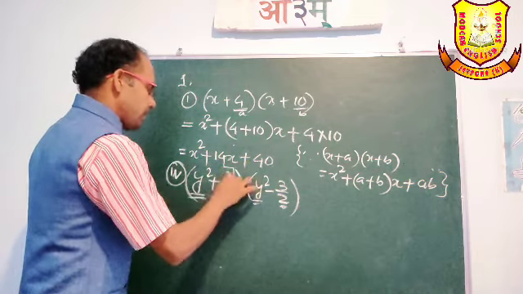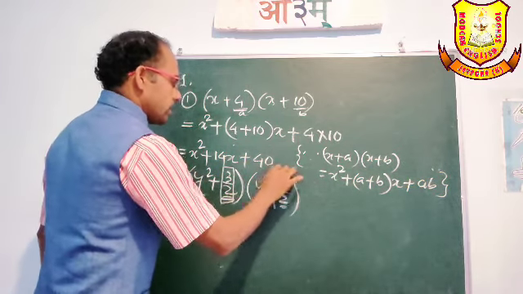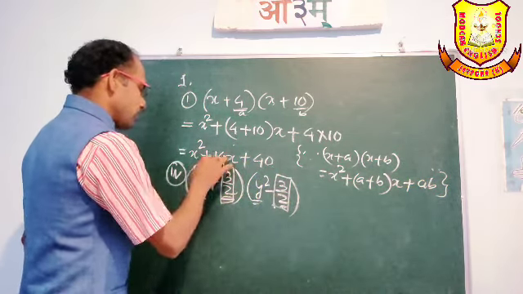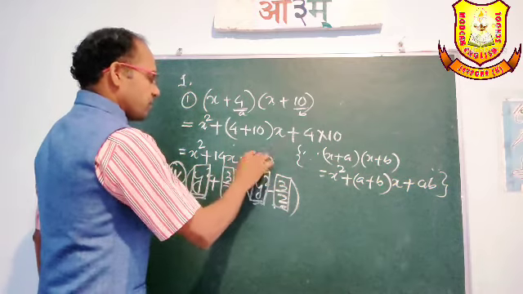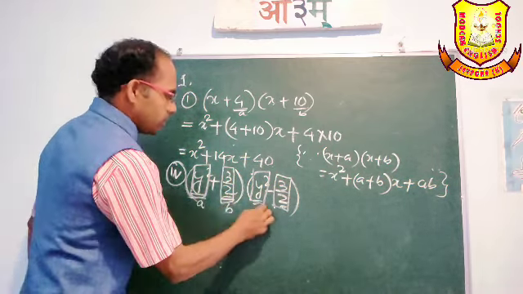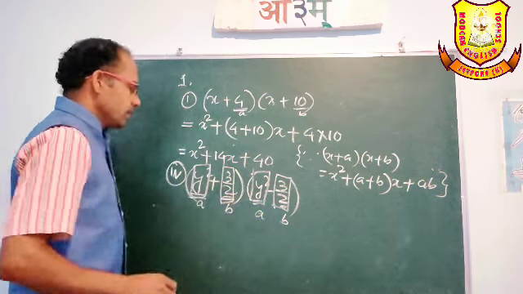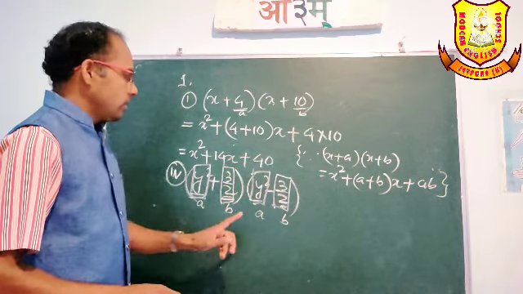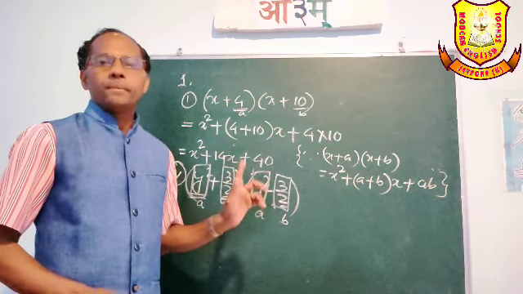You see, here 3 by 2, here also 3 by 2. Here y square, here y square. If you take this one as a and this one as b, so it will be (a plus b) whole into (a minus b).